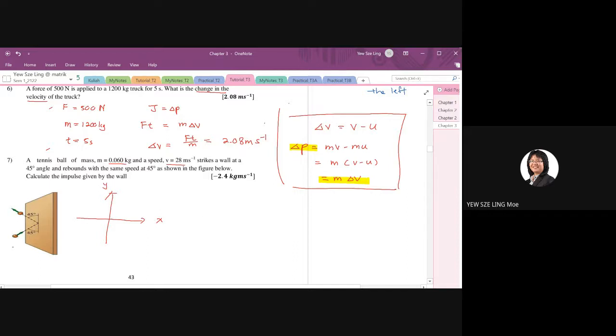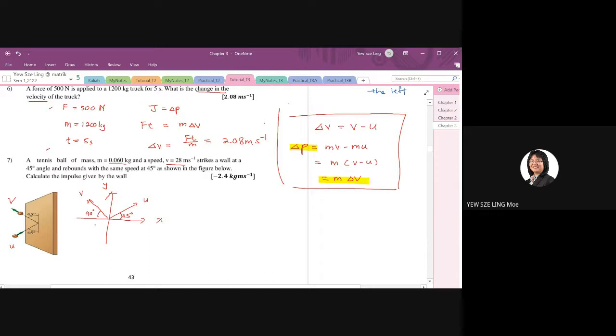Initial is the bottom one, final is the upper one. I have initial velocity here and final velocity here. Both of them are 28 meters per second, at an angle of 45 degrees above the x component. Even if you use the angle beside y it is also fine, because 45 degrees is the same on both sides. So how are we going to calculate impulse?